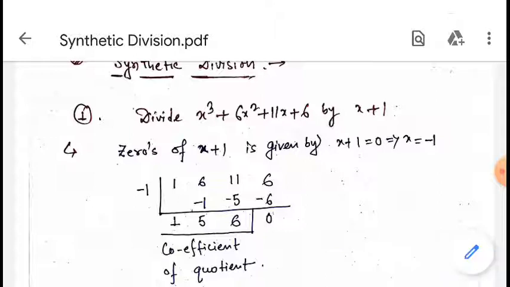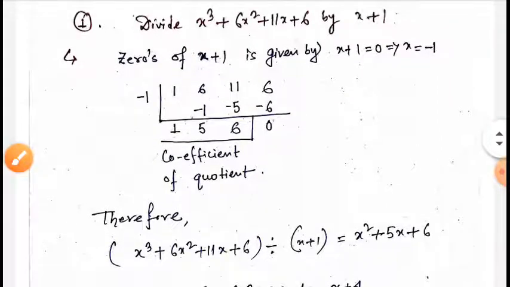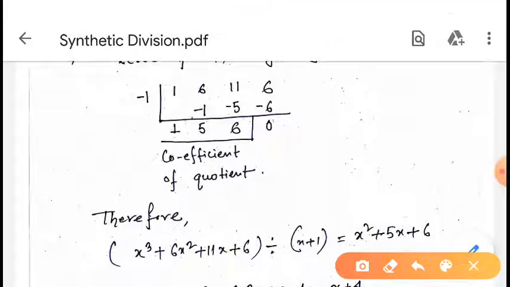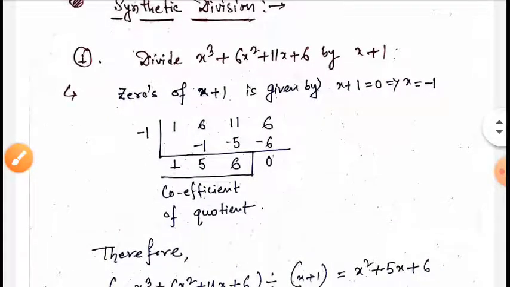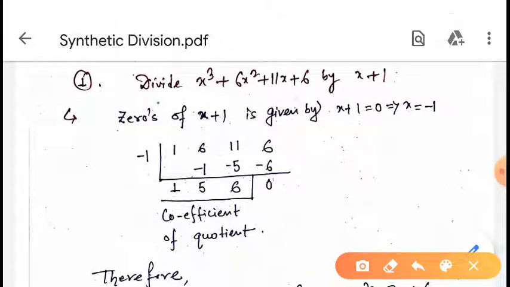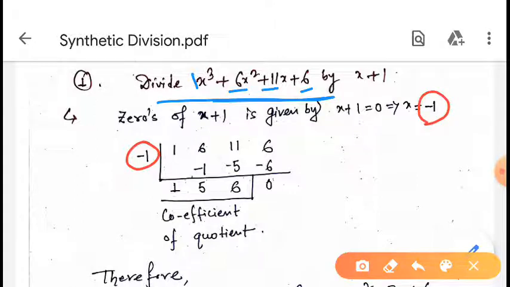Now come to the main concept of synthetic division. Whenever you do synthetic division, you need to follow the coefficients of the given polynomial. Here the coefficients are 1, 6, 11 and 6. Now I write here minus 1, which came from the zero of x plus 1, and you add a separation like this.